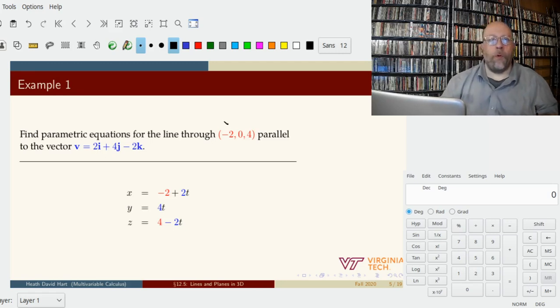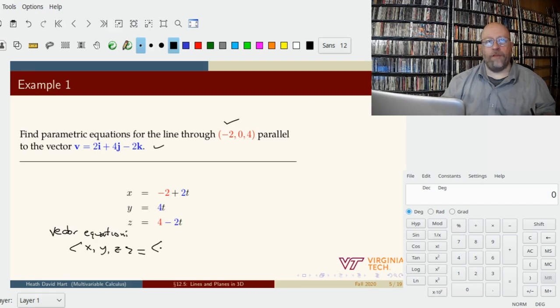So if we know a point and we know a direction, it's very easy to write parametric equations. If we want the vector equation, we just combine all of this into a vector on each side. On the left side, we just get x, y, z.